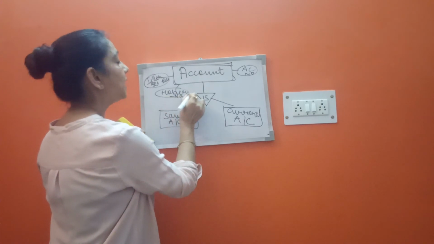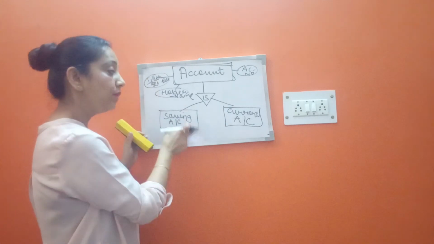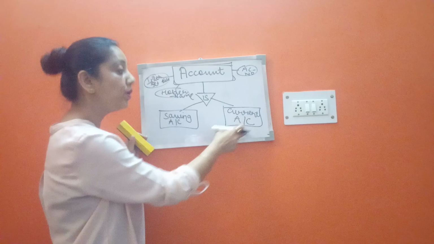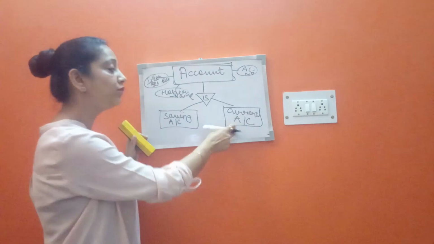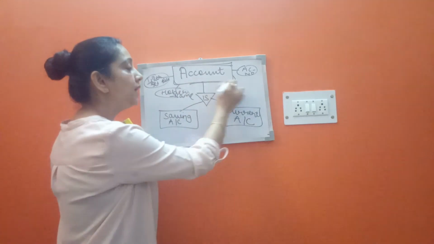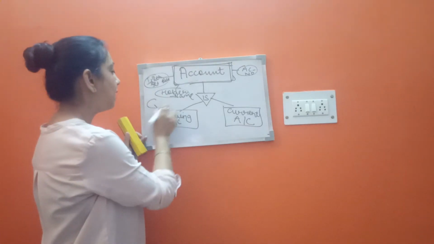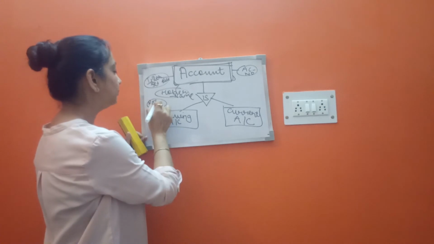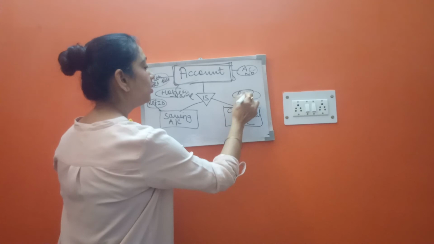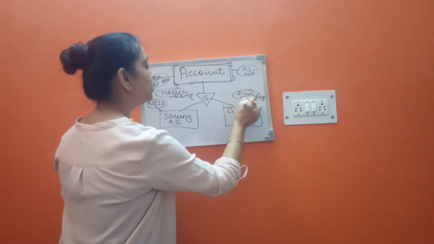If I specialize this account further as the saving account and current account, both these specializations will have some properties or attributes which will be unique to them, as well as some common attributes of the main generalization, that is the account. So a saving account will have a rate of interest, and a current account will have overdraft charges.